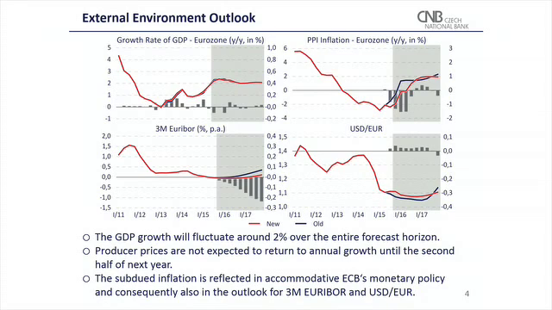few quarters, because in the new forecast we assume that producer prices in the euro area are not going to return to positive annual growth rates before the second half of next year, which is a relatively significant downward revision compared to the previous forecast.